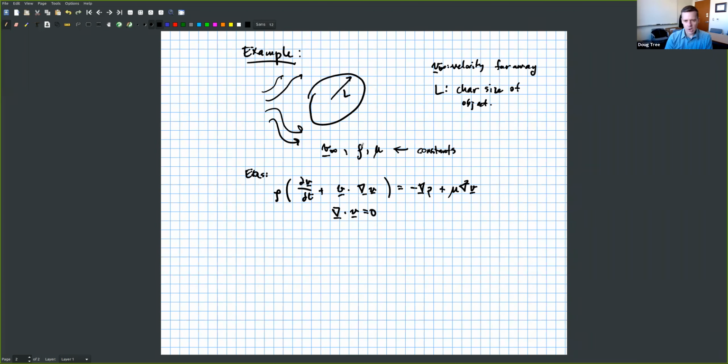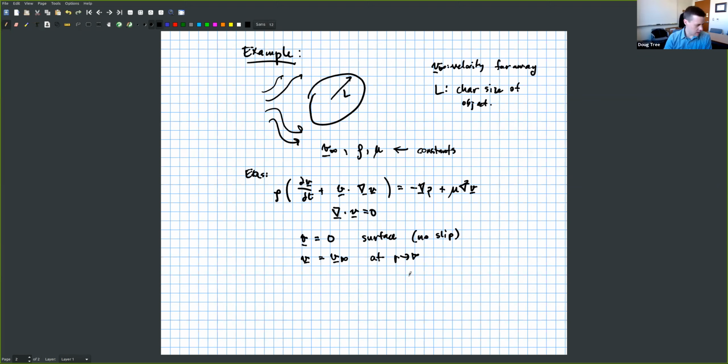And for this external flow problem, we're going to have the following boundary conditions. We're going to have v equals 0 on the surface. Okay, that's the no slip condition, right? And the other one is that v is equal to v infinity as r goes to infinity, so far away from the object.